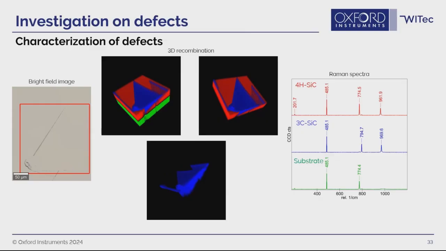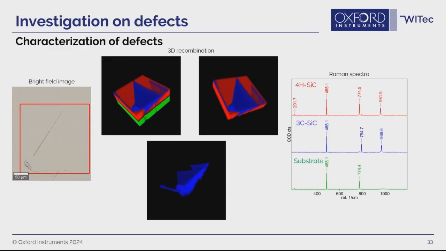The second animation shows only the 4H and 3C silicon carbide, and the last shows only the 3C silicon carbide. One can nicely see how the defect grows and propagates as the epi layer becomes thicker and thicker. So in this case, a carrot defect was there in the substrate, and then as the epi layer was grown on top, it grew wider and wider.